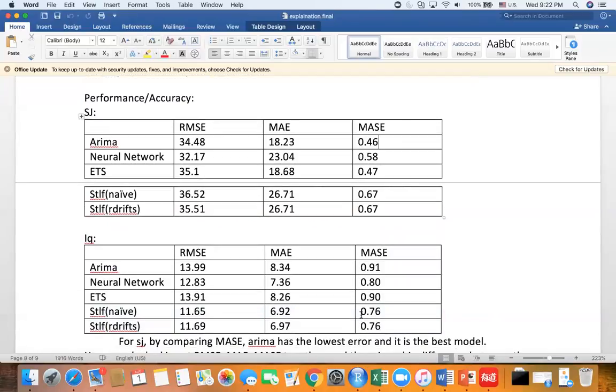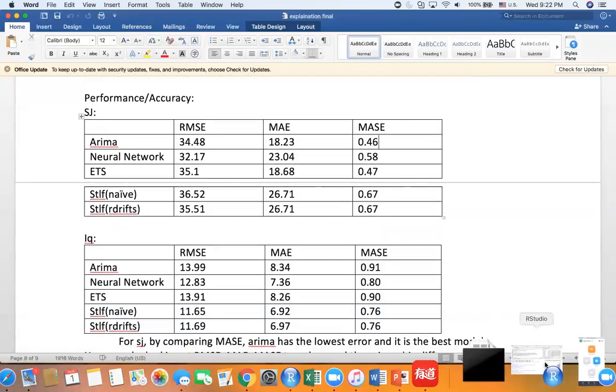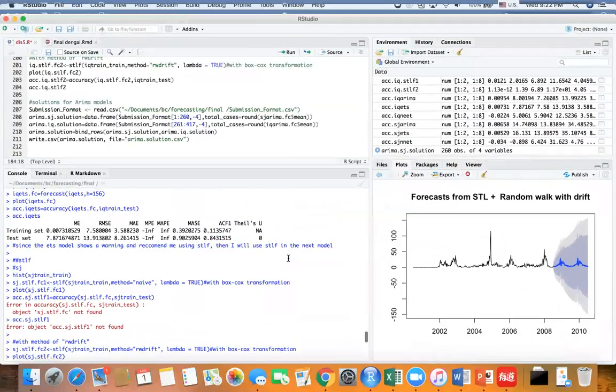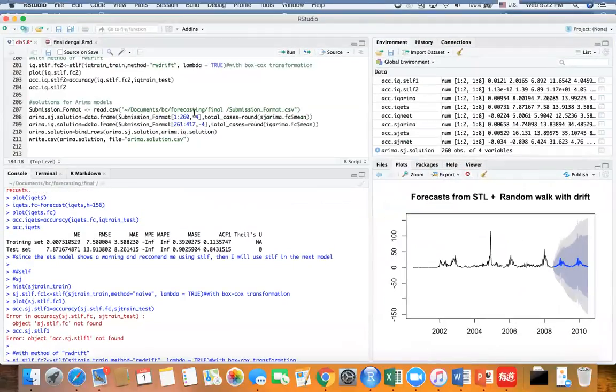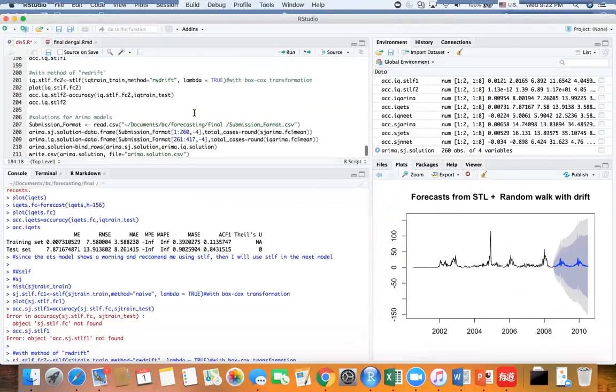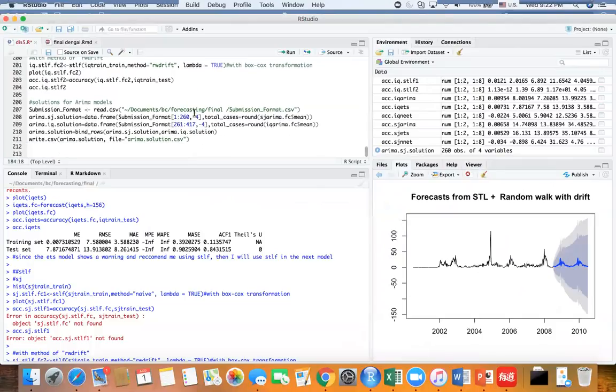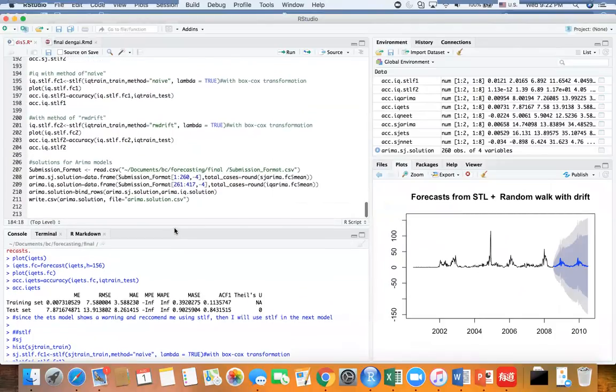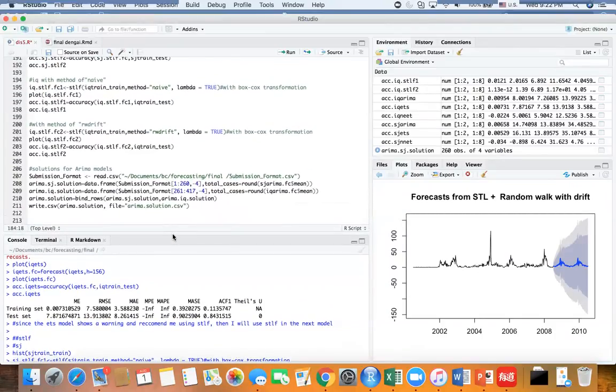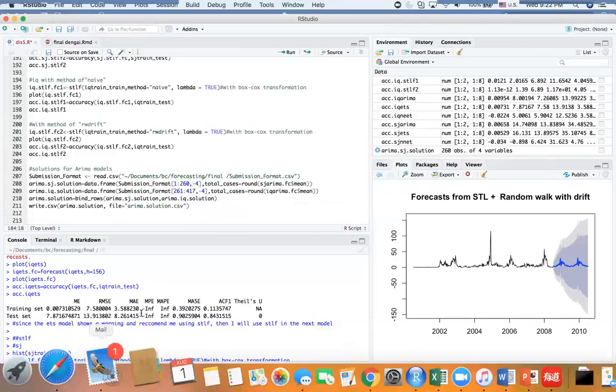And also I did submit the one to the data driven competition, and this is the code right here. I haven't put it into the RPubs yet because I haven't got the score yet. I'm not sure how long it takes, but once I get it, I'll update it to the RPubs.